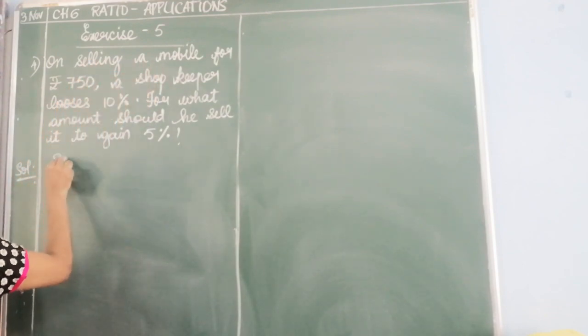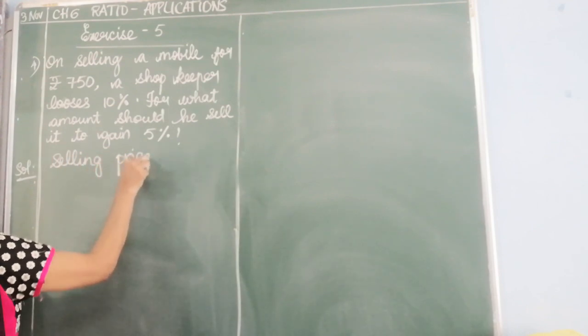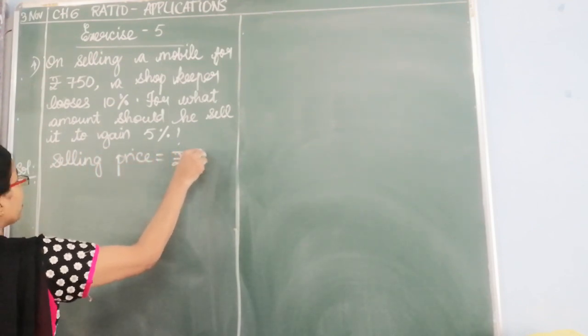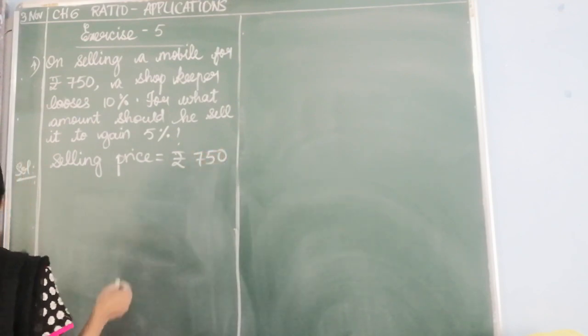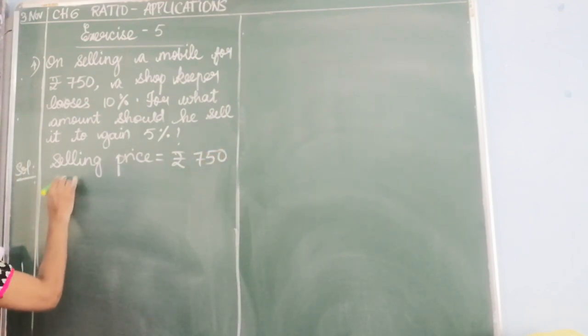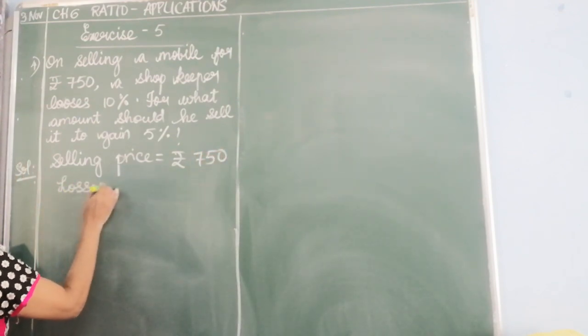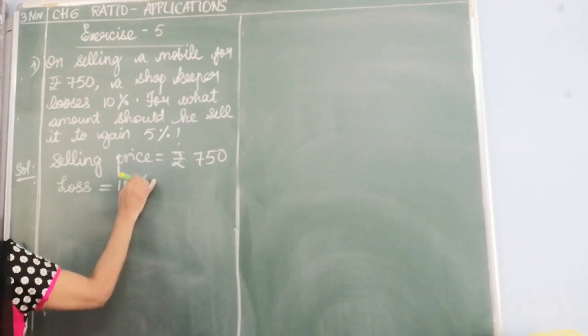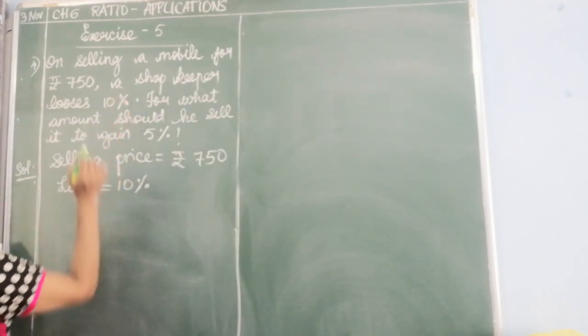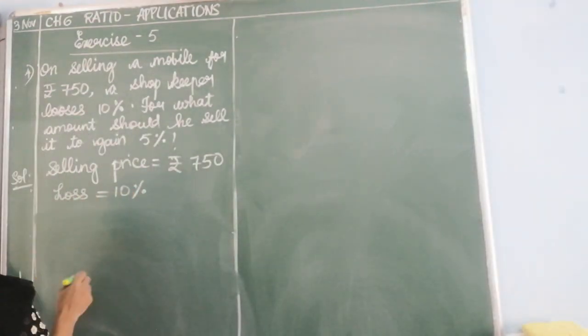So it is a selling price. Selling price is equal to rupees 750. Then they gave that he sold it for a loss of 10%. Loss is 10% they have given.